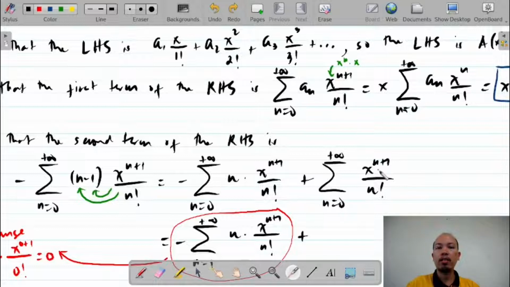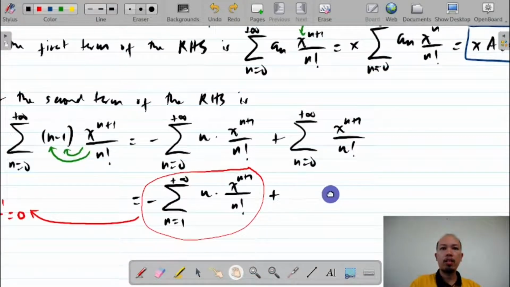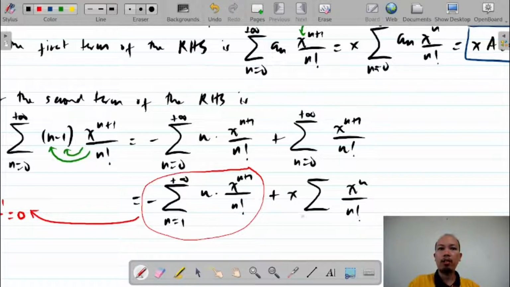So there is a common factor here, which is x. So this is x times the summation of x to the n over n factorial, n starts from 0 to positive infinity.